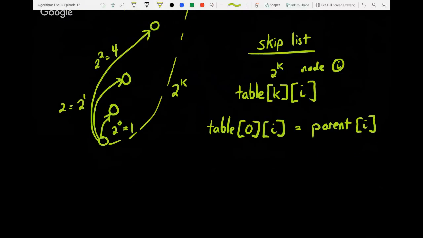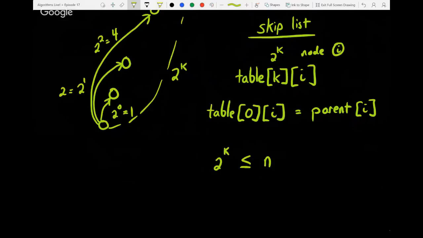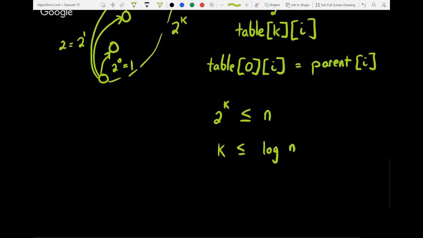So let's figure out the size of this table, like how many k's could end up happening here. What we're looking for is when does 2 to the k end up equaling n? Because it always has to be less than or equal to n. We don't have to store any k bigger than that because we jump off the tree. So we just rework this with a little bit of algebra, and we show that you don't need more than log base 2 of n for your k.